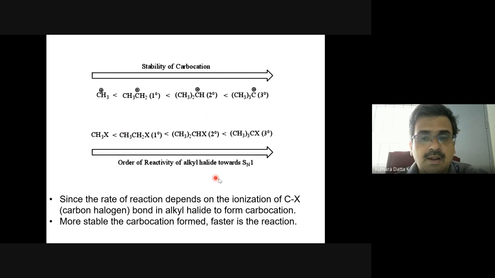So for SN1 mechanisms, what we have observed is that the rate of the reaction and the stability of the carbocation is very good for tertiary butyl groups, followed by secondary, primary, and CH3 group.